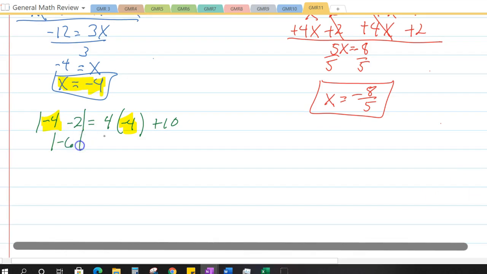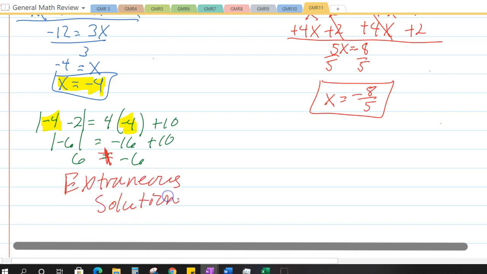Absolute value of -6 is equal to -16 plus 10. -16 plus 10 is -6. Absolute value of -6 is a positive 6. These do not equal each other. That means this is an extraneous solution, and we will not list it in our solutions unless asked specifically for extraneous values.